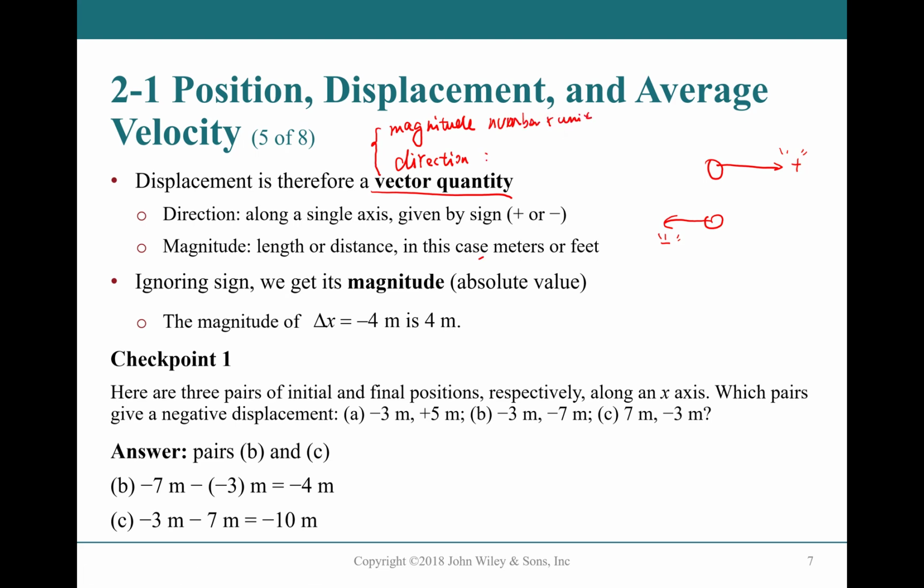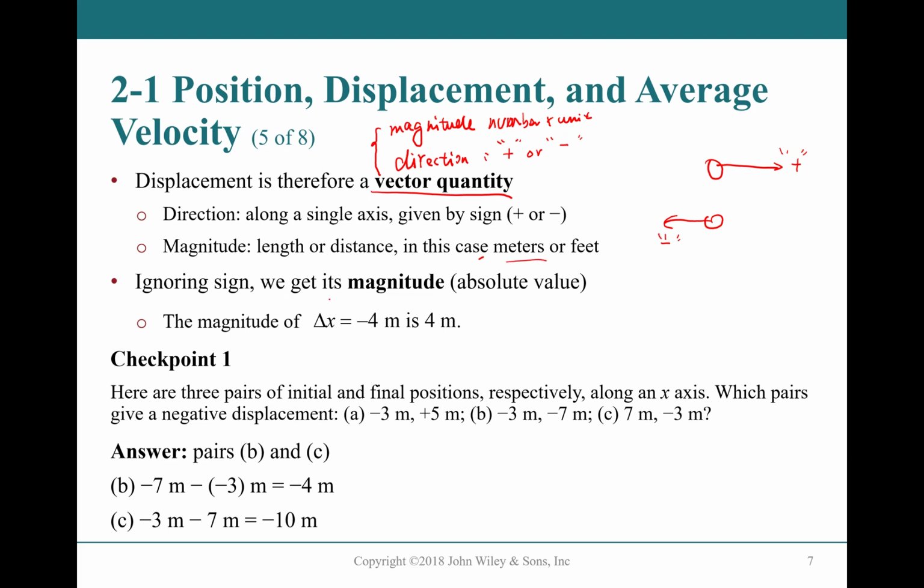And then direction could be positive or negative for one-dimensional motion, okay? So direction along a single axis is given by positive or negative. Magnitude is the length or distance. In this case, the unit will be meters or feet, but the standard unit for length is meters, okay?